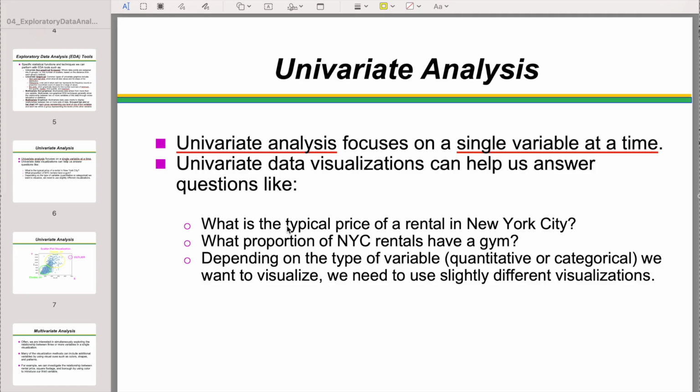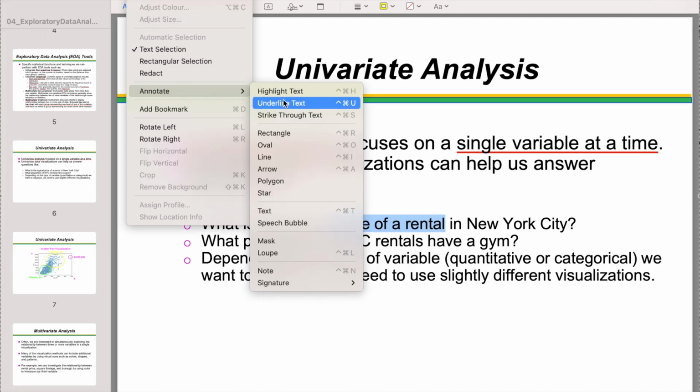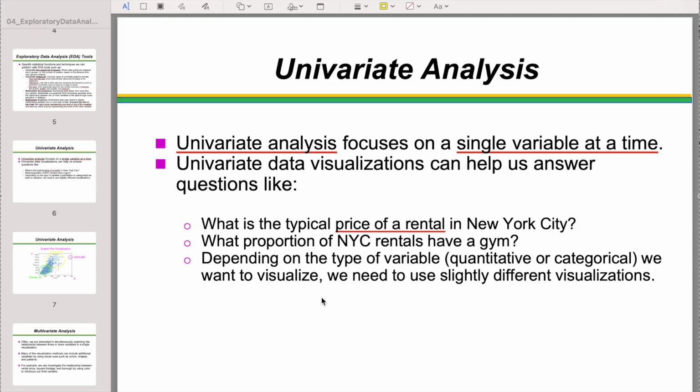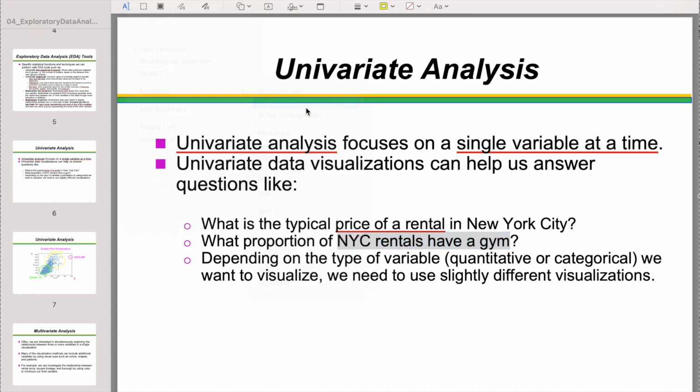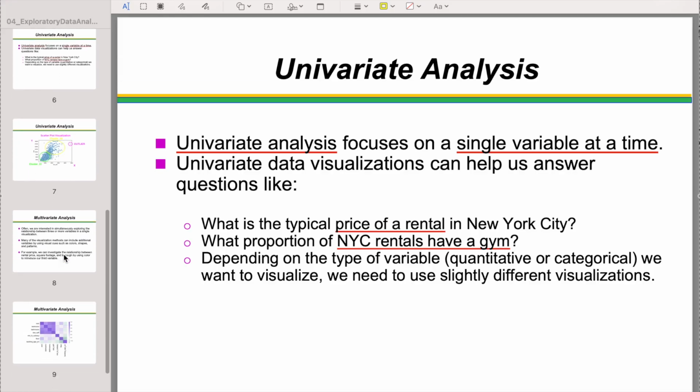What is the price of a rental in New York City? What is the typical price of a rental in a particular location? What proportion of the rentals have a gym? So the univariate analysis will have a single variable that answers a single question that we're interested in.